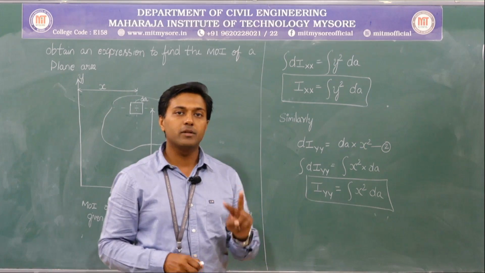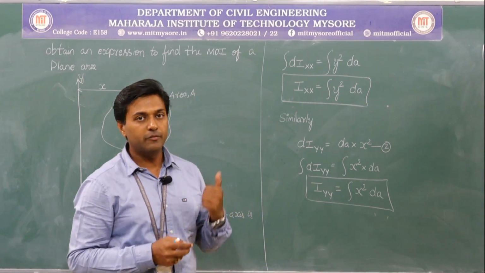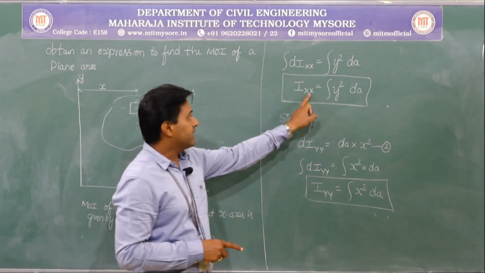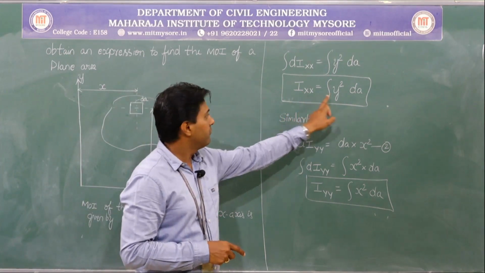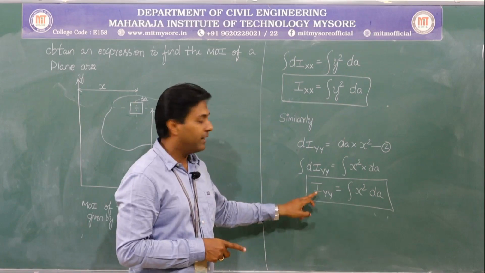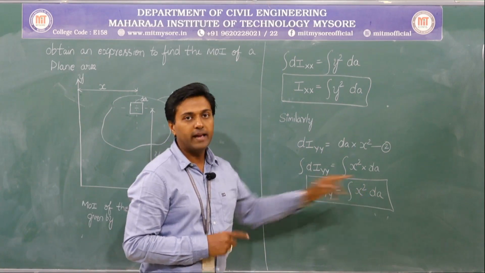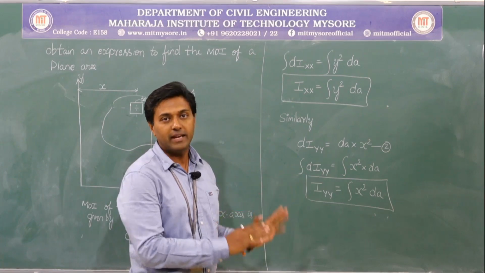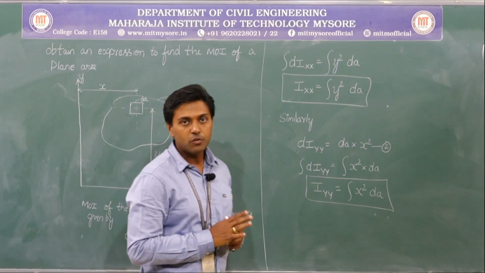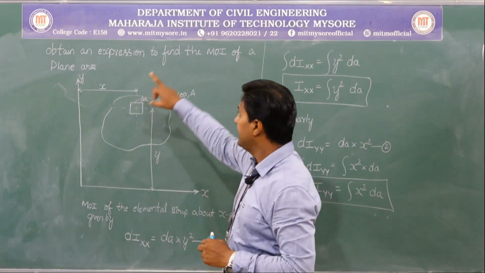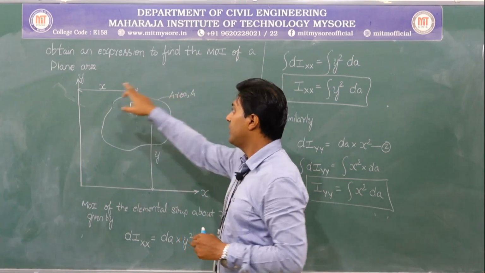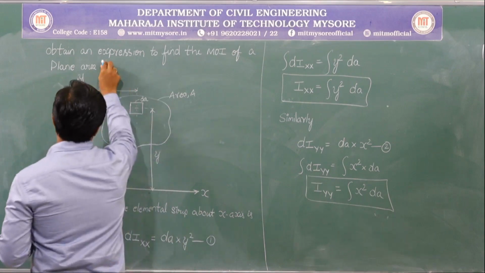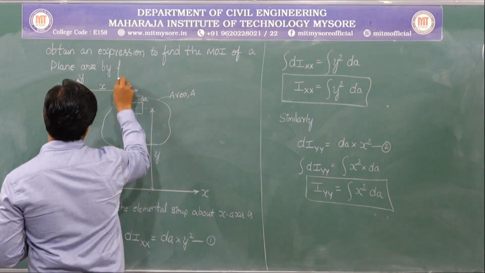Let me concentrate on two things. The first one is Ixx is equal to the integral of y square dA, and Iyy is equal to the integral of x square dA. This is the first derivation that we have done. What is the name of that derivation? Obtain an expression to find the moment of inertia of a plane area by first principle or by method of integration.